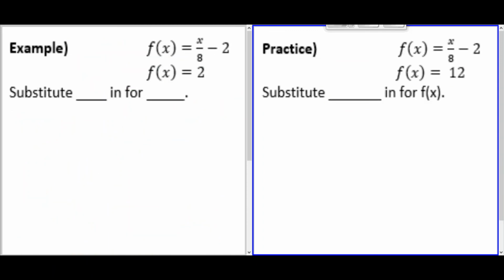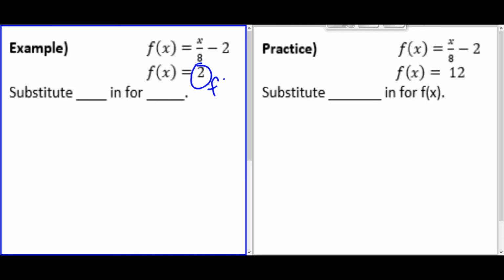Okay. So one more example. So f of x equals x divided by 8 minus 2. So here we're substituting, just like before, this is my f of x value, or if you want to still think of it, that's your y value. So I'm substituting 2 in for f of x.